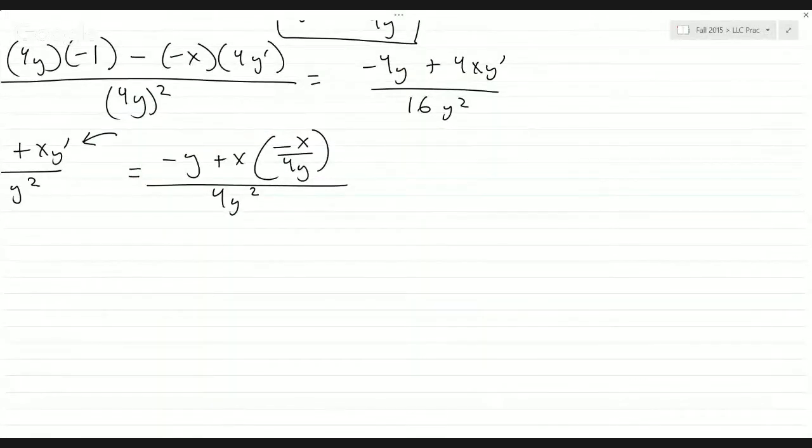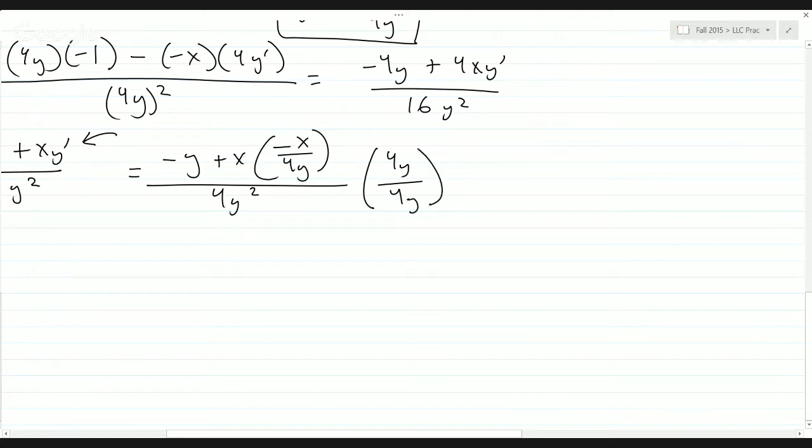Okay. So what do we do now? We can do something. Yeah, the common denominator, which is what? On the top, it's 4y, but we need to multiply by 1, so we do that.